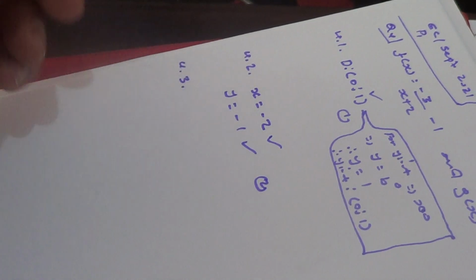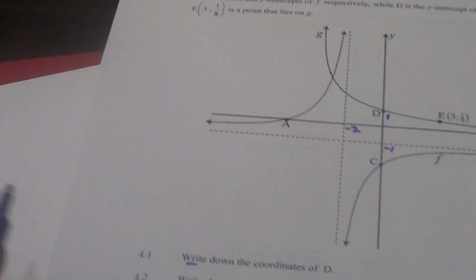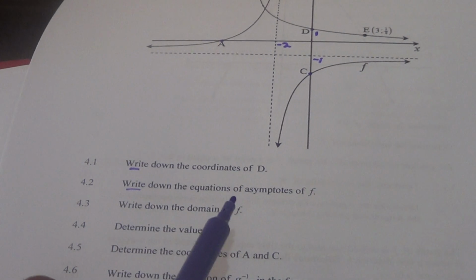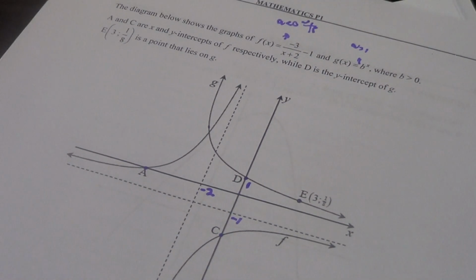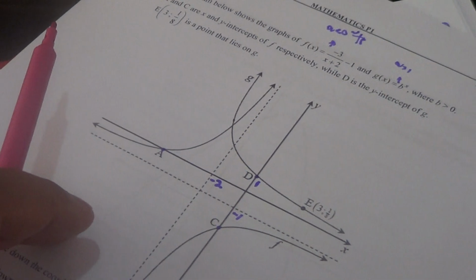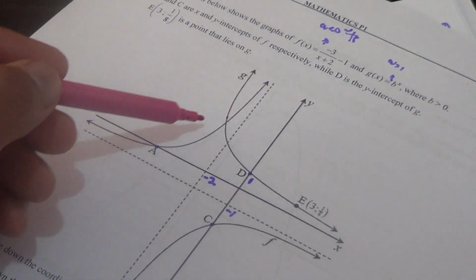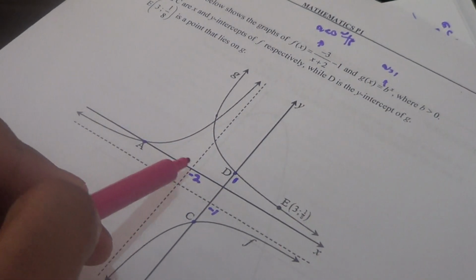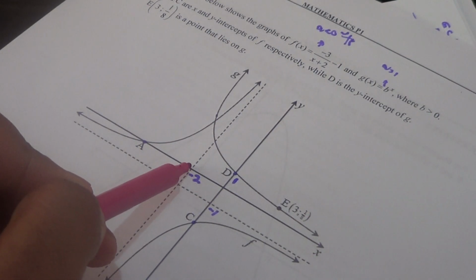So 4.3, what is the story there? Write down the domain of f. Now let's explore this one a little bit. If you're looking at the graph of f, which is the hyperbolic function, where do we see the graph? We see this graph from this point.